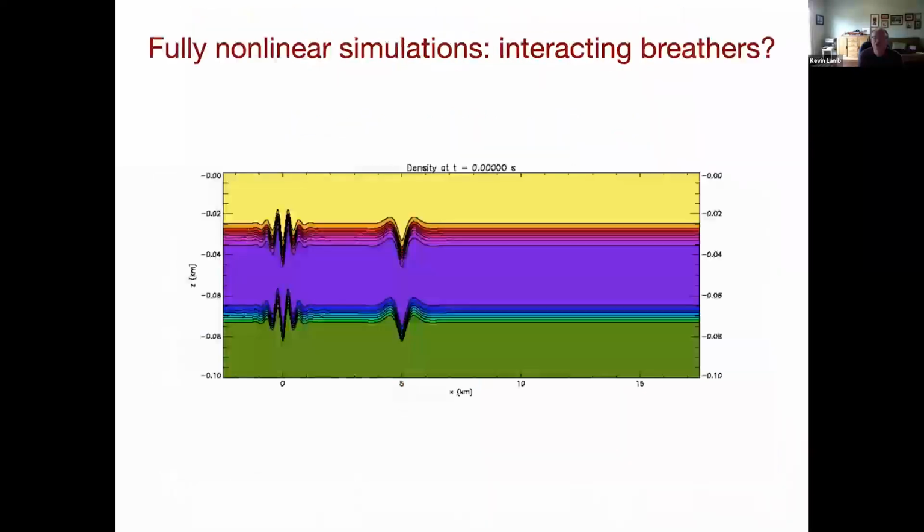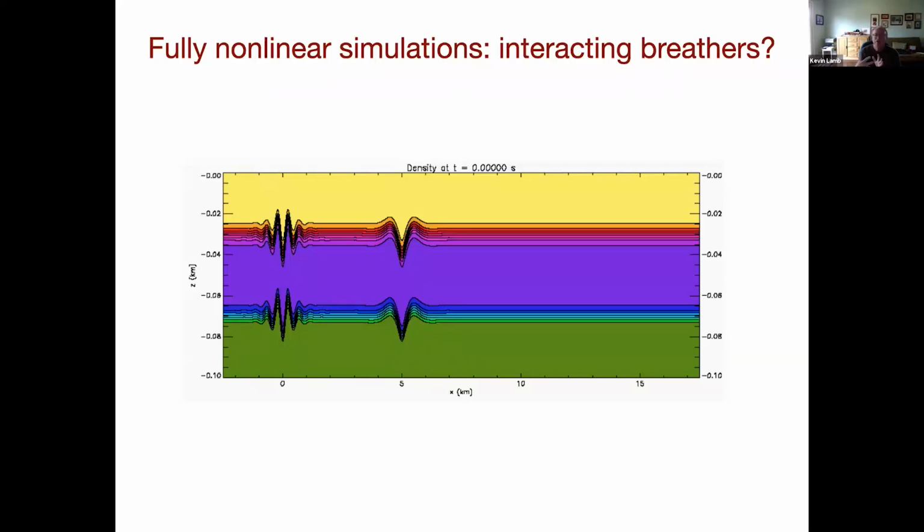Well, do breathers exist in the full nonlinear set of equations? Here I've done some numerical simulations, and I've initialized the code with analytic breathers. So they're weakly nonlinear breathers that have been used to initialize the fully nonlinear equations. Because they're not exact solutions of the full equations, they're going to radiate a lot of waves.